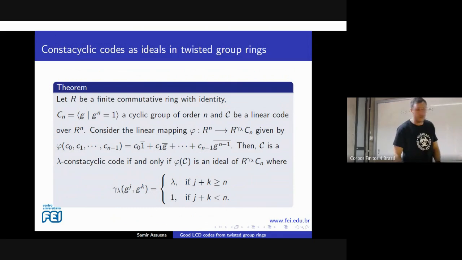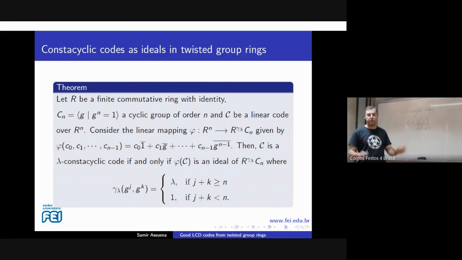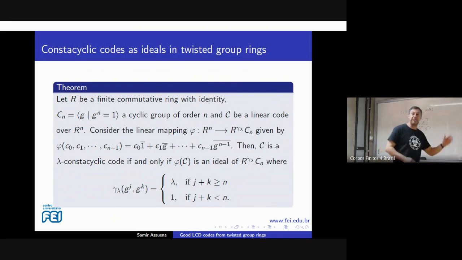Okay? So exactly the same mapping, just if we do not consider the bars, we have the same mapping in the case of the group ring. So we can also see constacyclic codes as ideals in twisted group rings.